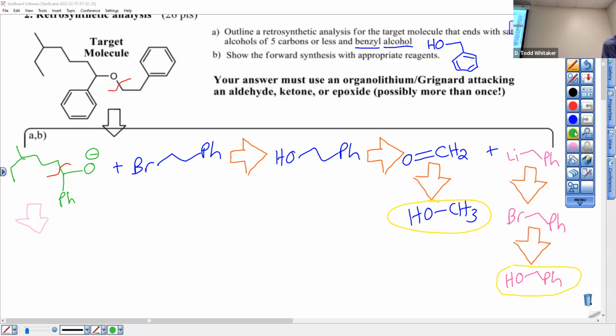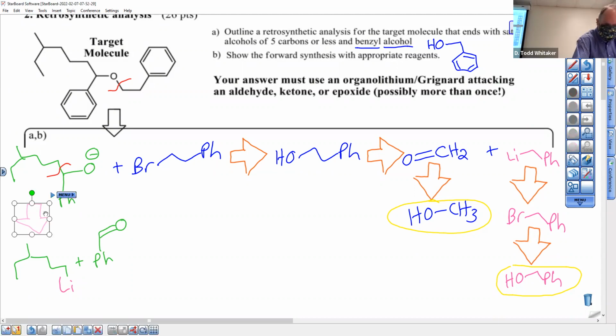And if I want to make that bond, here's what it was before I made that bond. How about, you want to stick with organolithiums all day? You can use a Grignard or an organolithium and react it with phenyl attached to a carbonyl. And that would give you that O minus. Straight up.